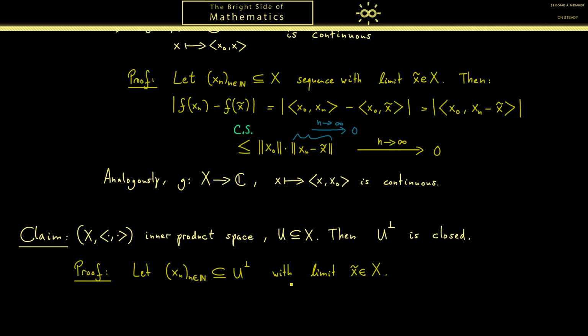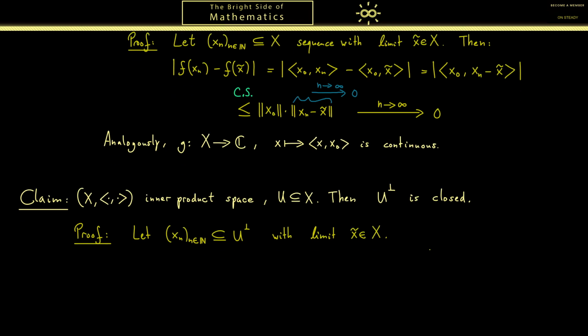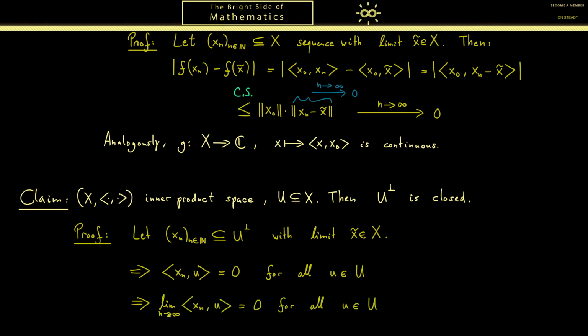Okay, so now we just have to use the definition of U perp, which means that the inner product of Xn with u is always 0 no matter which u we choose. Since this equation holds for all n, we can look at the limit and know this is also 0. And now we know we can pull in the limit here because this is just the continuity of the map f we stated before.